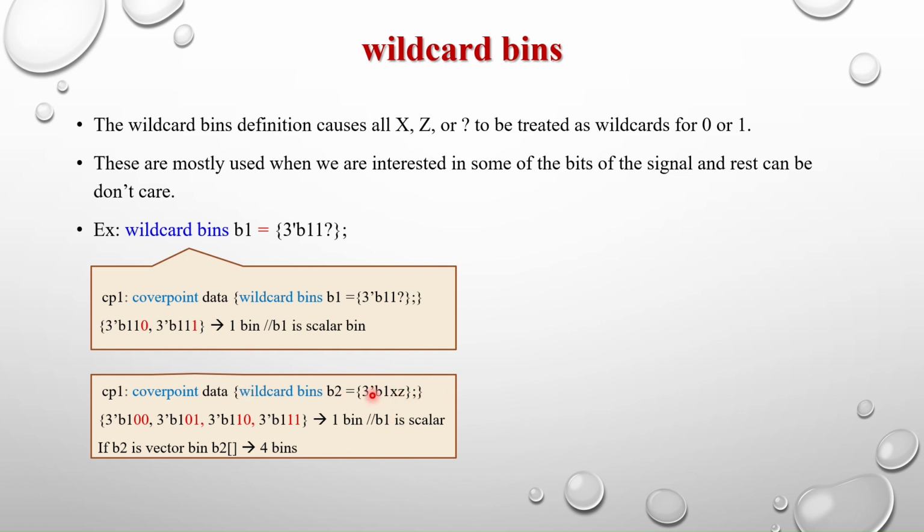That time I can represent the bin as 1xz because the rest of the bits are don't care for me. It can be 0 or 1, but I am interested in the first bit of the data variable. That time I can represent the bins as wildcard bins by using the wildcard entries. Okay, so this is the example for wildcard bins, and I will show you in the code also how to write the wildcard bins and how to observe the bins. Okay, thank you.